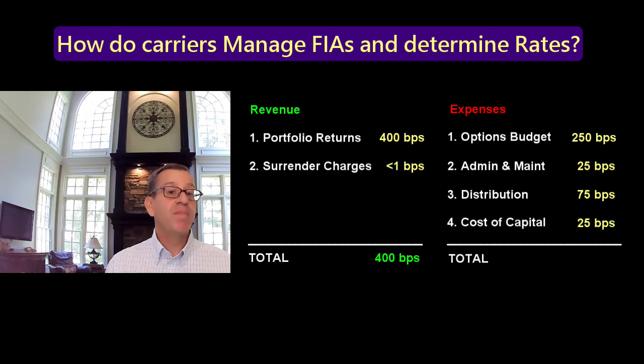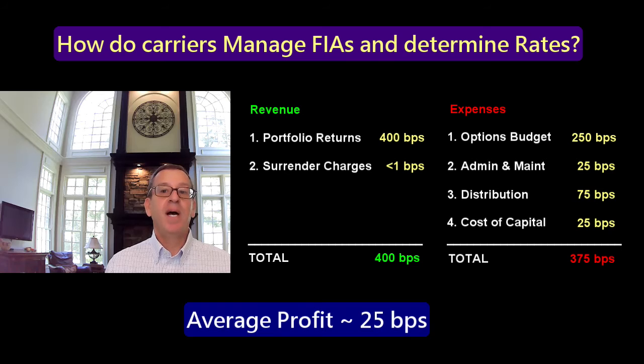That leaves an expected profit for the insurance company of the difference between the 4% annual revenue from the bond portfolio, less the 2.5% to pay for the credited strategy through the options budget, and further 125 basis points for all the other expenses that I mentioned: admin, capital, and also sales loads.